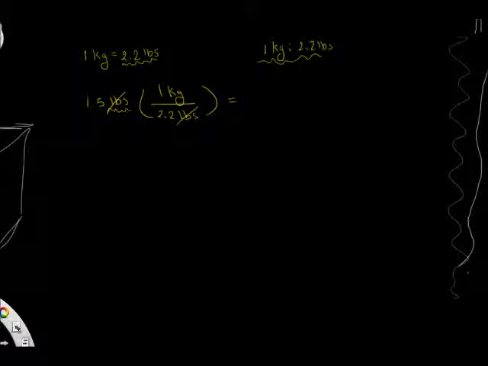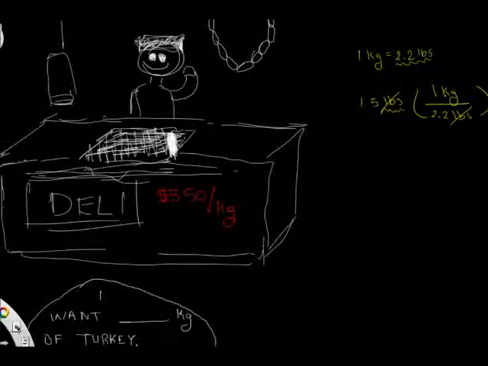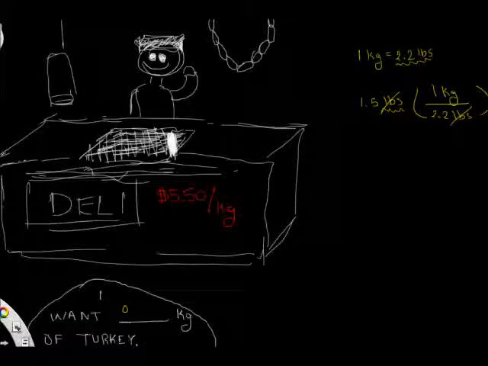Therefore, 1.5 times 1 kilogram divided by 2.2 will give us approximately 0.7 kilograms. Therefore, that will be the value that we tell our butcher of how many kilograms of turkey we want.